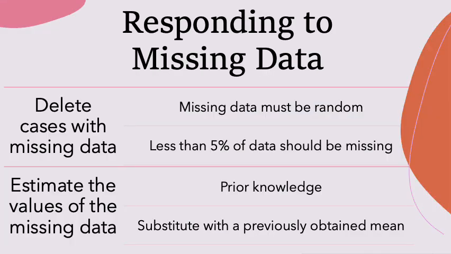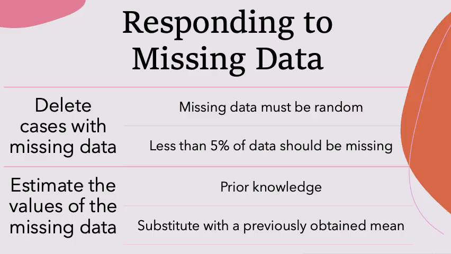We're now going to discuss how do we respond to missing data. The method you choose to respond to missing data is very important because missing data can impact the generalizability of your results. There are several potential remedies for responding to missing data. The simplest way to deal with missing data is simply to delete the cases with missing data and run the data analysis with only complete cases.